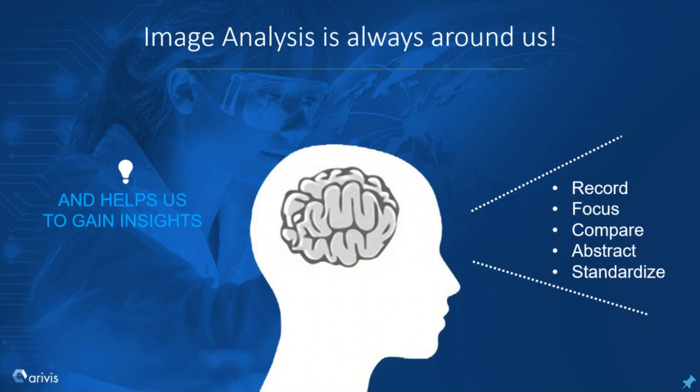So image analysis helps us gain insights about the scientific materials that we work with, and image analysis software is pretty special. It enables us to record not only these data, but the things that we find in the data. And it also helps us to focus in on specific objects and maybe even ponder them for some time.